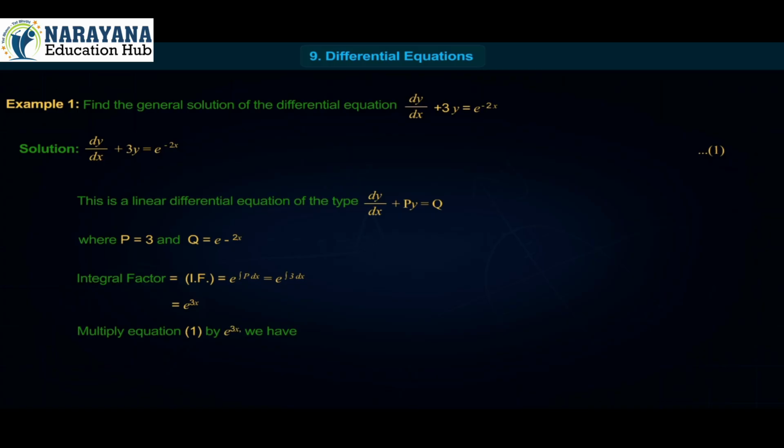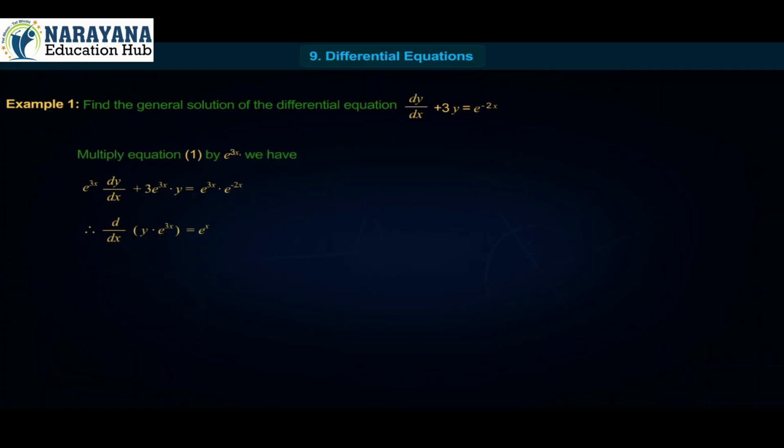Multiply equation 1 by e raised to 3x. We have e raised to 3x dy by dx plus 3 e raised to 3x into y is equal to e raised to 3x into e raised to minus 2x. Therefore, d by dx of y into e raised to 3x is equal to e raised to x.